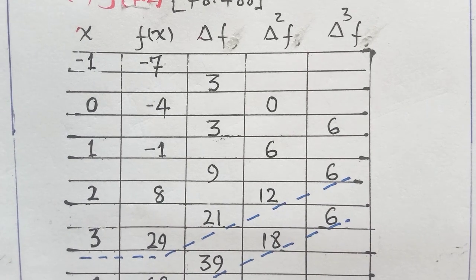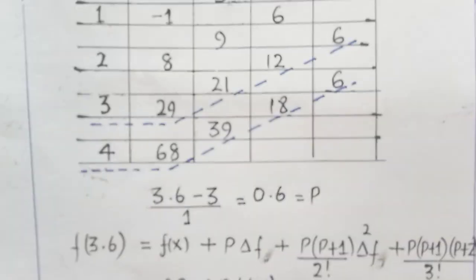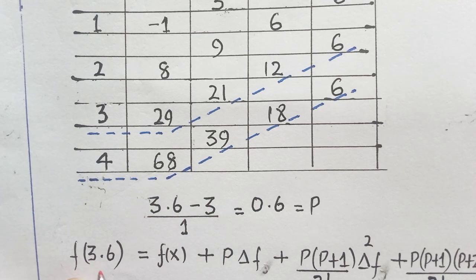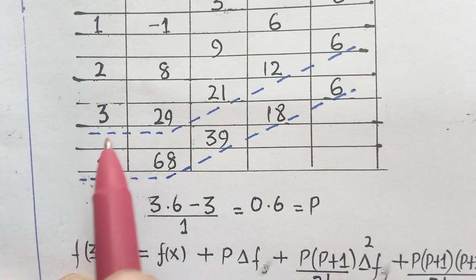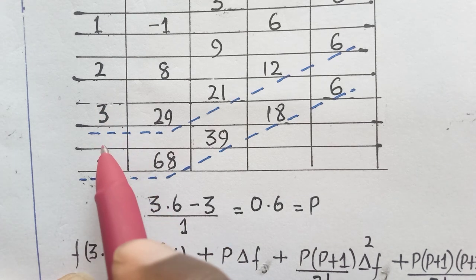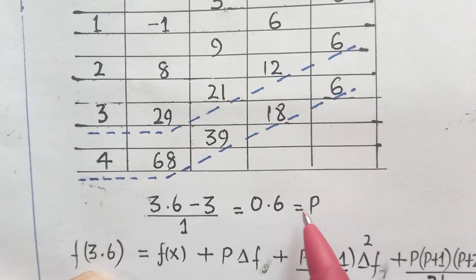Now we come to solving the problem. So we come, guys, and first of all, we look at what do we require. We require 3.6. 3.6 is between 3 and 4. We now want to look for p.